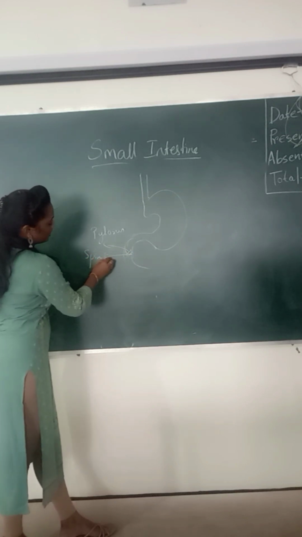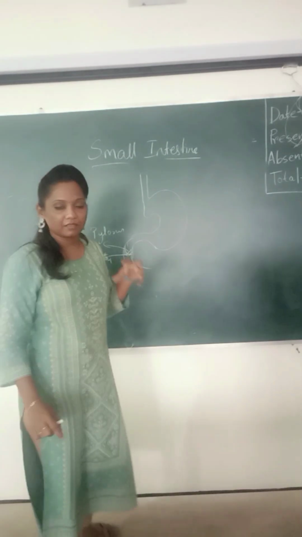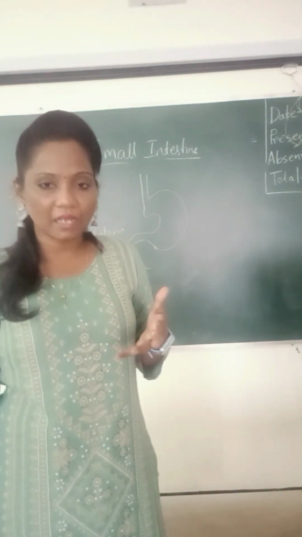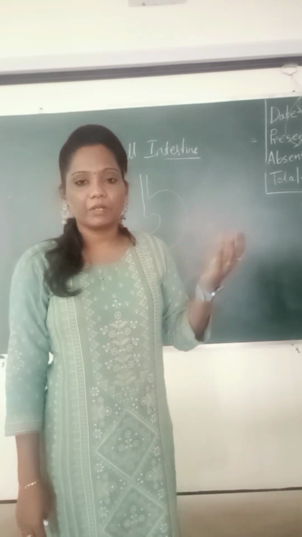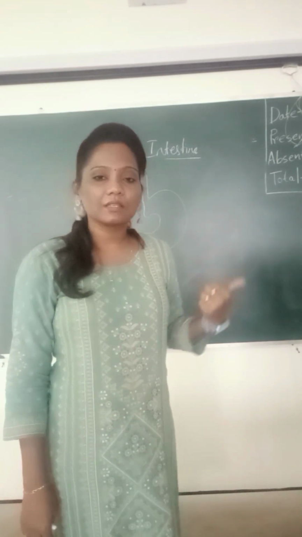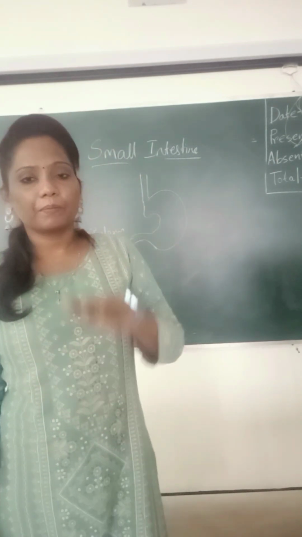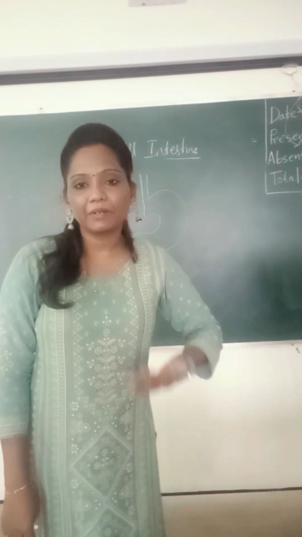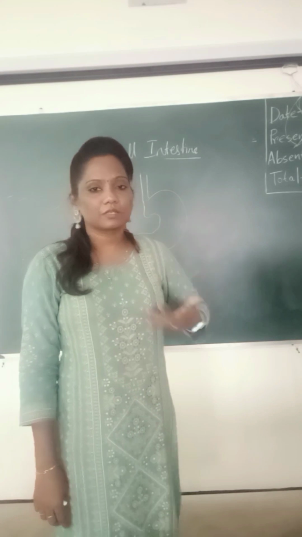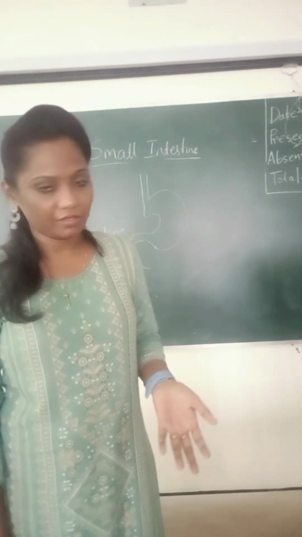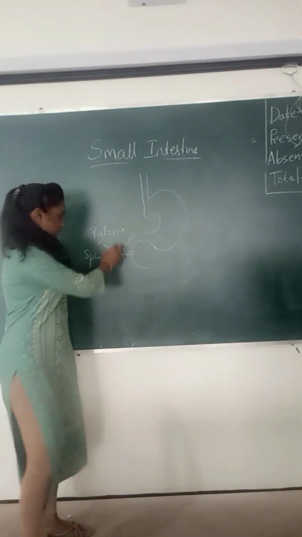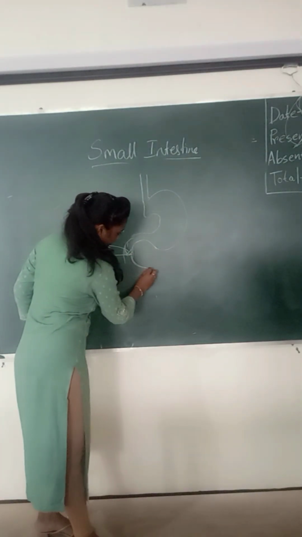You know very well, the sphincter is a very important part, like in the heart walls, in between the two upper and lower chambers. And here, in between every part of the organ of the digestive system, we have a sphincter, so that it will prevent backward flow of the contents, or we can say regurgitation.